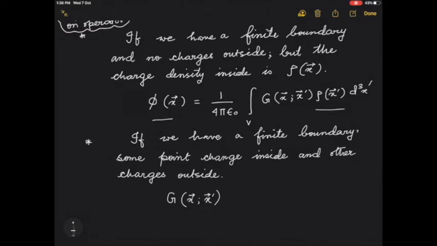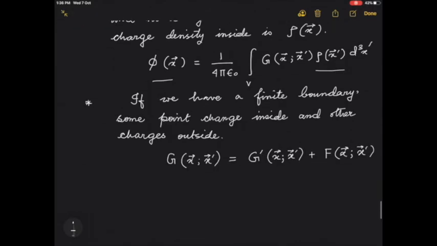And our superposition principle tells us that I can add the contribution on potential from individual charges. For the point charge inside, I know that the solution is G prime. So I should have a solution G prime for my Green's function. And then I will have another contribution which will come from all charges outside my volume.